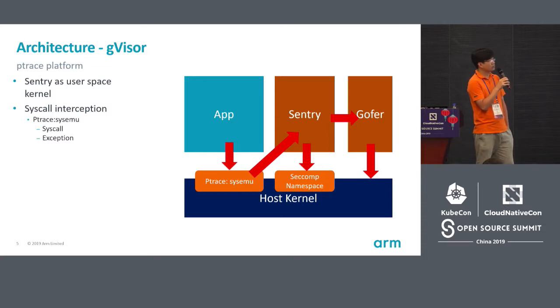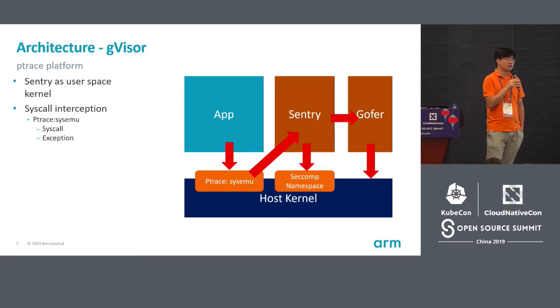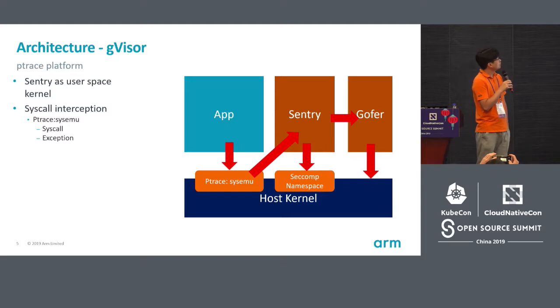And then for the ptrace platform, ptrace is used for the syscall. So before talking about ptrace, for user kernel and host kernel space interaction, one is syscall, while the other is interception.